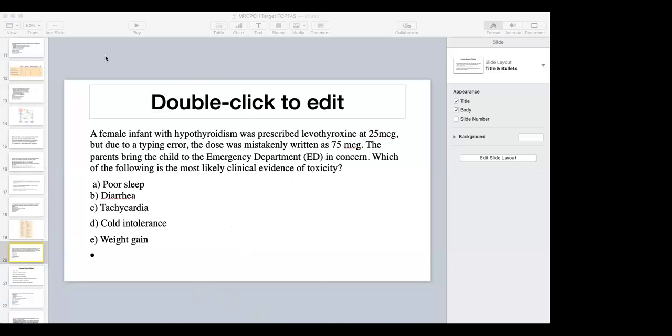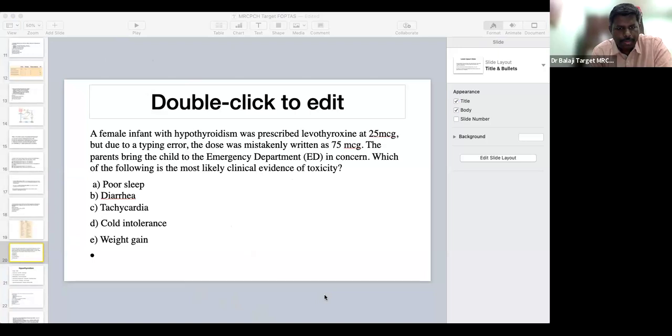Poor sleep. No? Okay. But just remember thyrotoxicosis and Graves.